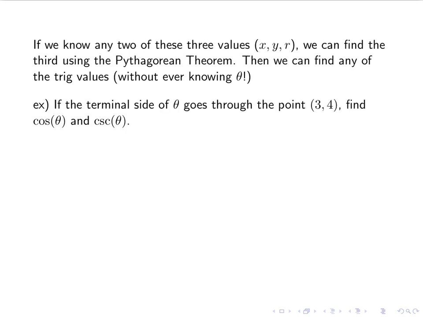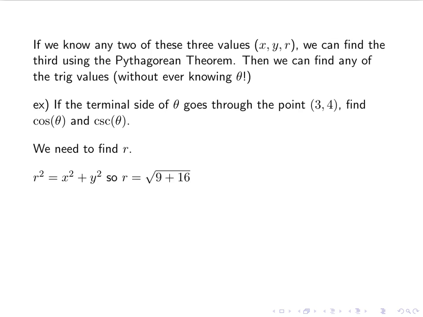So if the terminal side of theta goes through the point 3, 4, find cosine of theta and cosecant of theta. So in order to use cosine or cosecant, we need r. And in order to find r, we're going to use the fact that it's the hypotenuse of the triangle. So r squared equals x squared plus y squared.